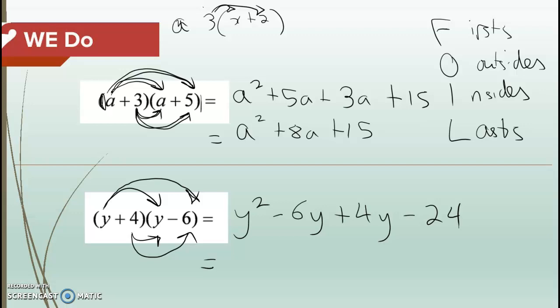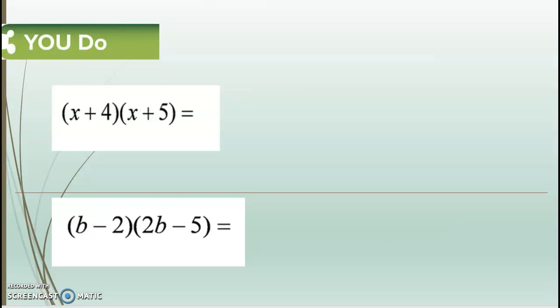Collecting like terms, y squared minus 2y minus 24. Okay, see if you can try those two for yourself, remembering that you can use FOIL to help you. So pause the video, give it a go.